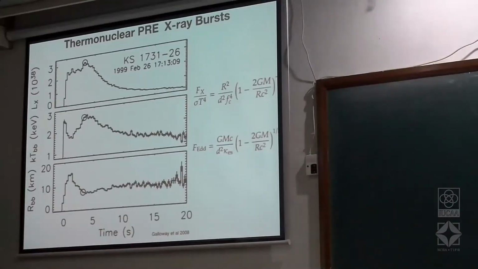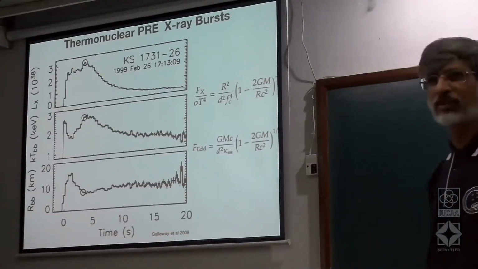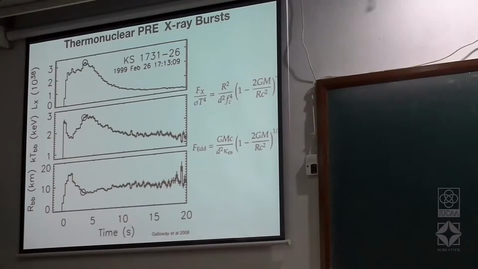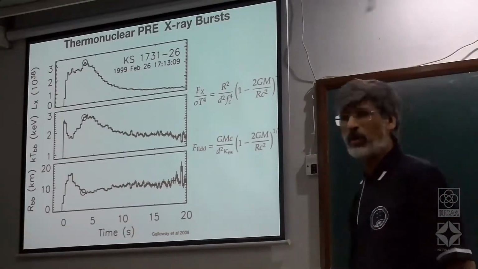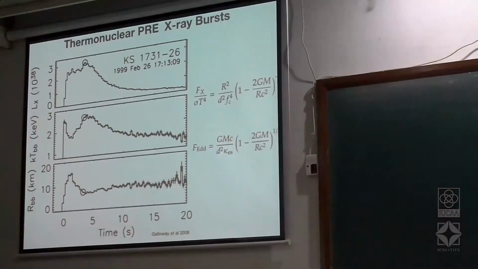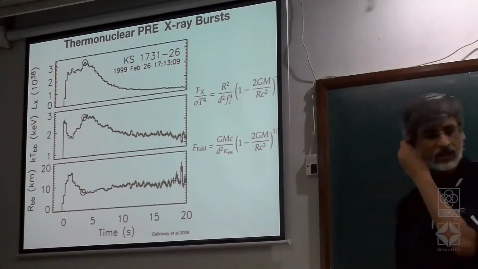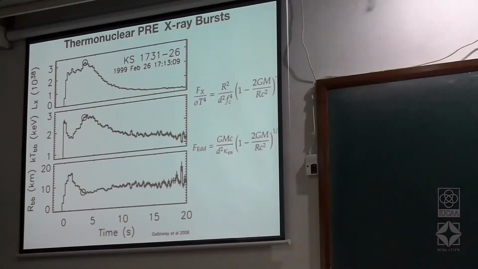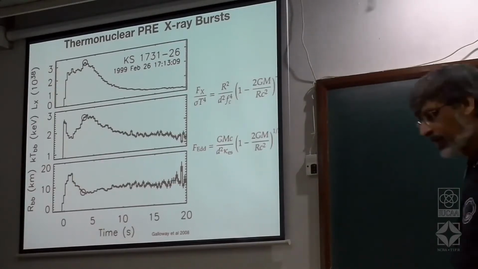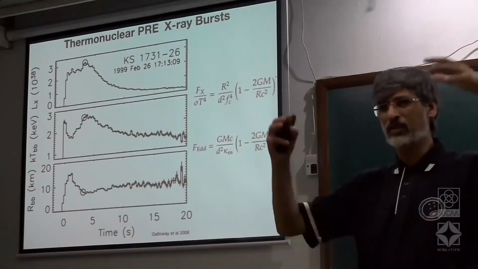To get a better idea of what the equation of state looks like, you should also try to get a constraint on the radius. For that, people have been trying for a long time. X-ray bursts are one possibility, where you take a thermonuclear explosion happening on an accreting neutron star surface, and then as the explosion occurs, the radius expands.